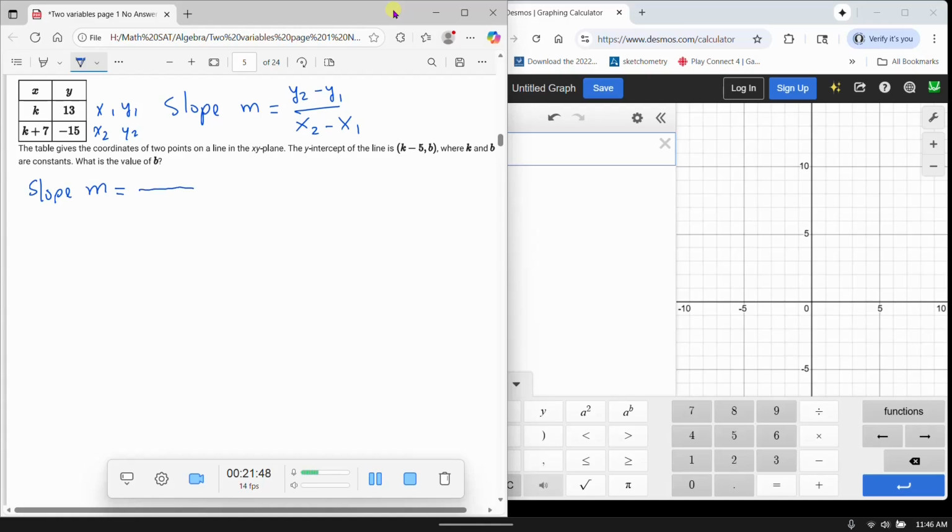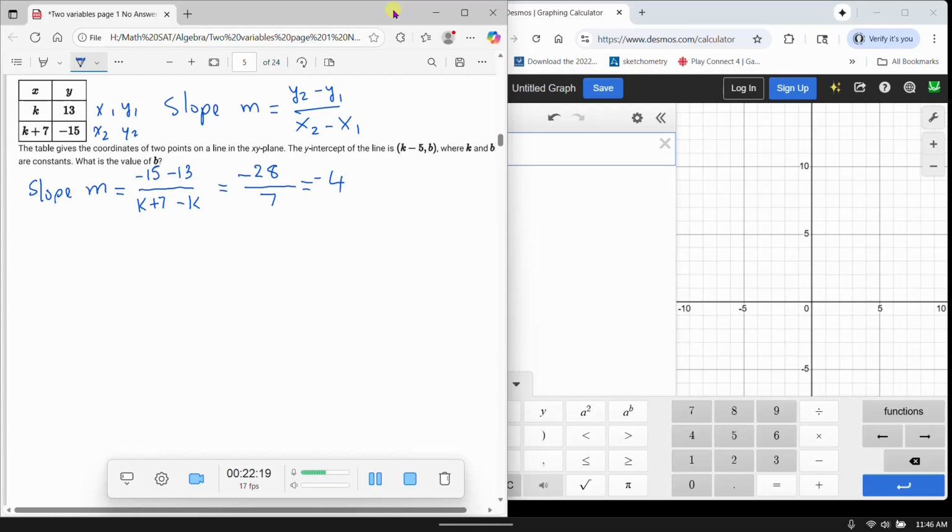It would be negative 15 minus 13 on the top, and on the bottom k plus 7 minus k. On the top that would be negative 28. K and minus k cancel out, I have 7 left on the bottom. Negative 28 over 7 is negative 4.